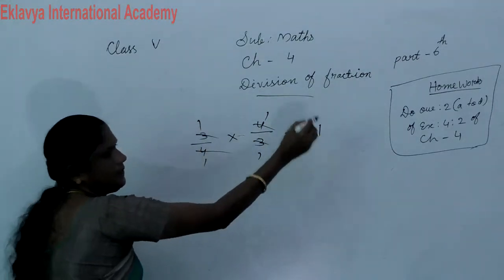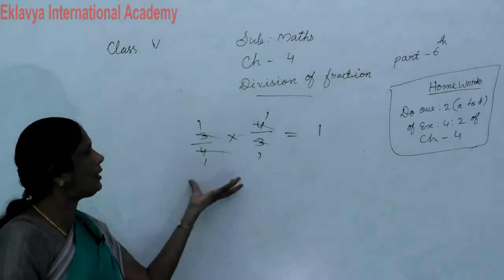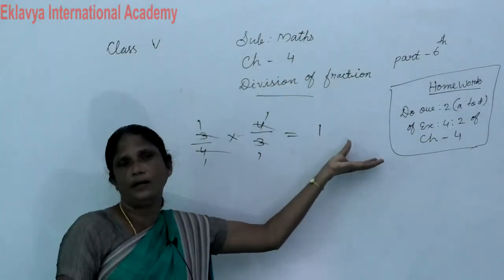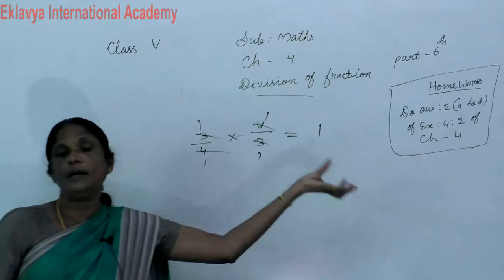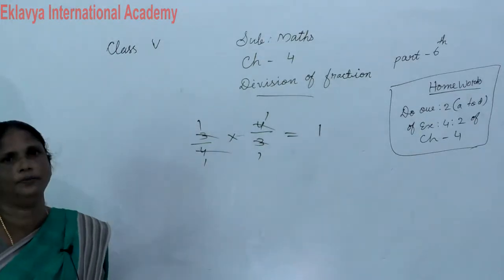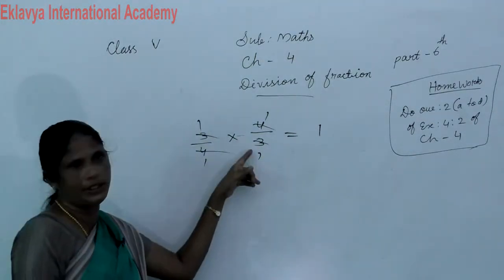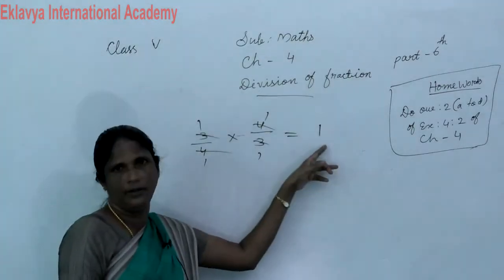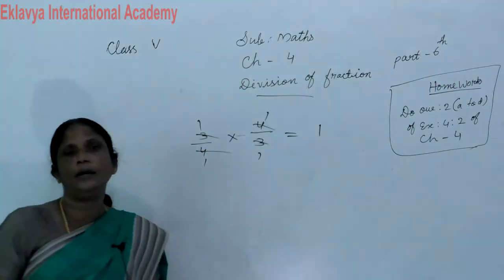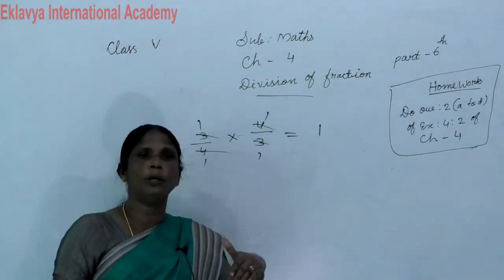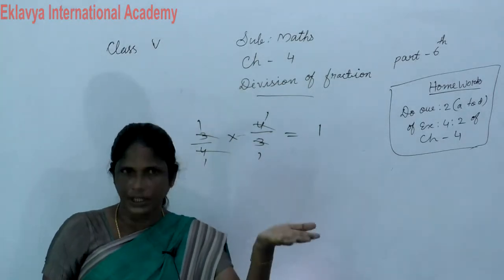Our answer is 1. The product of two fractions is 1. That is called reciprocal. Understand? The product of two fractions is 1.